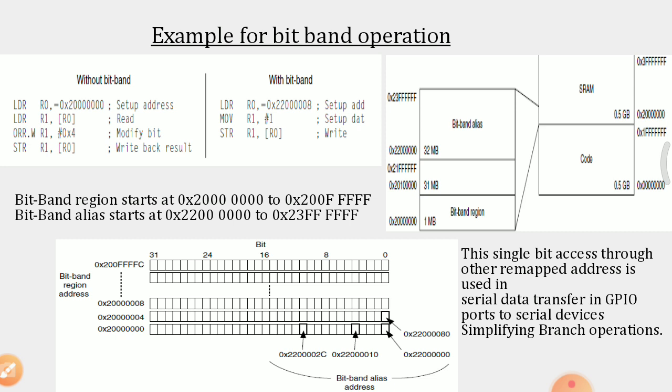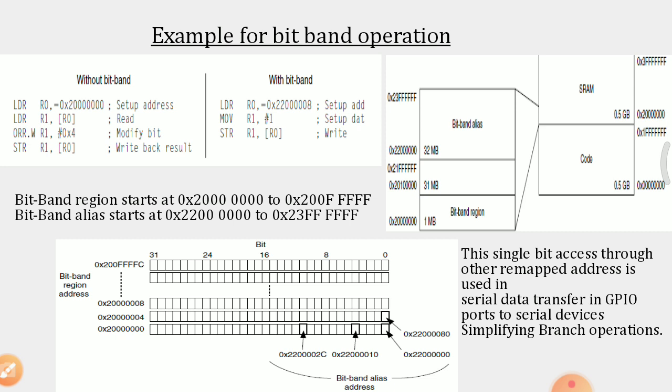So to access the second bit of bitband region, we have to write the data into the 0x22000008.